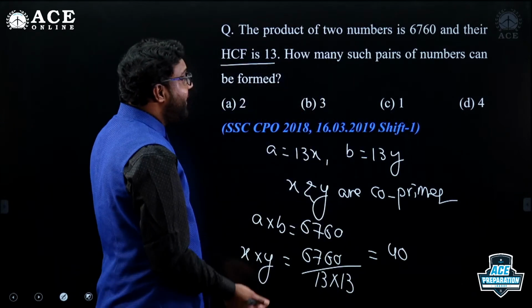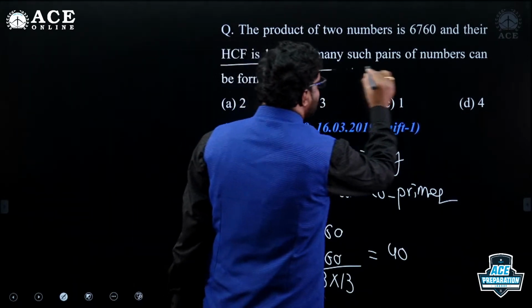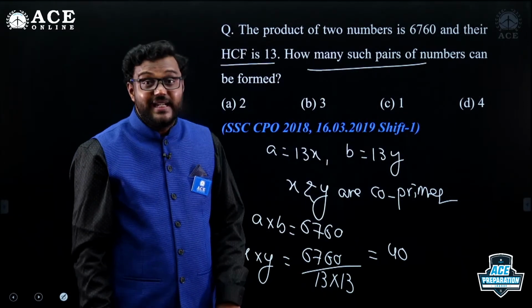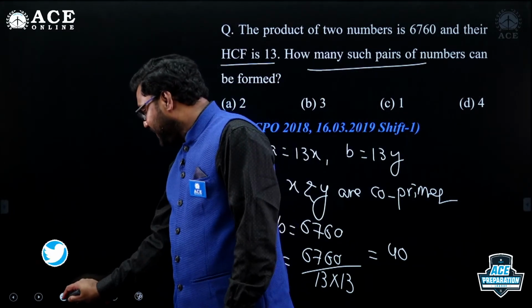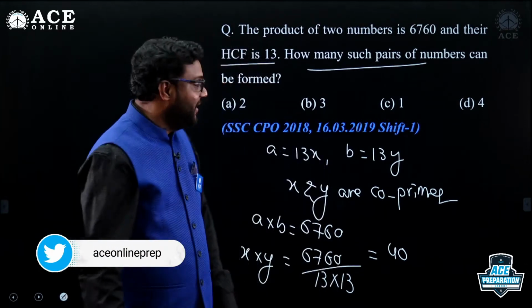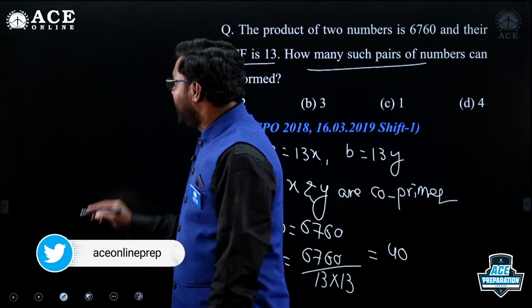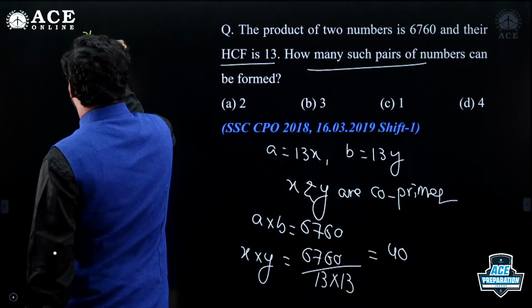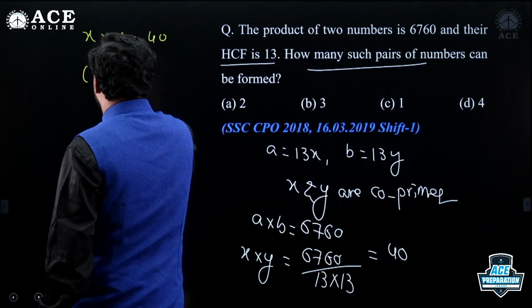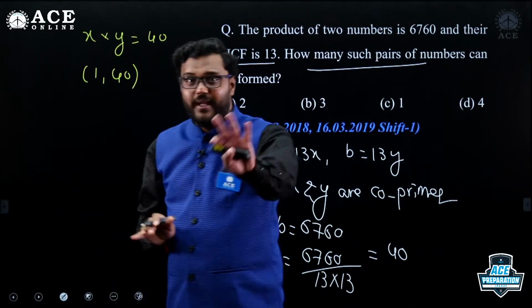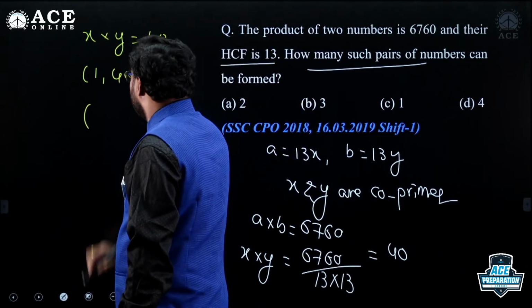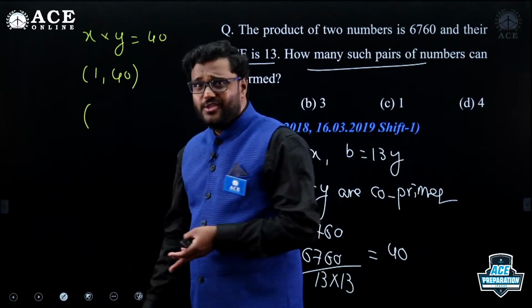So how many pairs of numbers are satisfying x into y is 40? Again, keep in mind, x and y are co-primes, my dear friends. Now say this, product of two numbers 40, satisfying co-primes is how many pairs? 1 and 40 are okay. 2 and 20, HCF is not 1, so don't take 2 and 20, they are not co-primes. 3, 40 is not a multiple of 3.